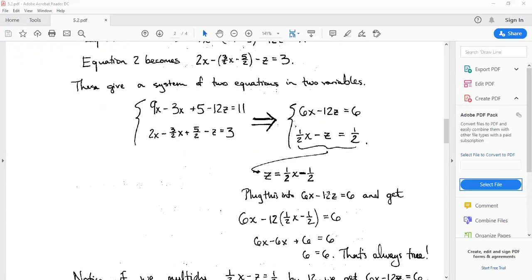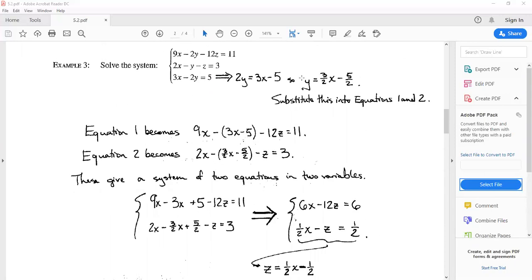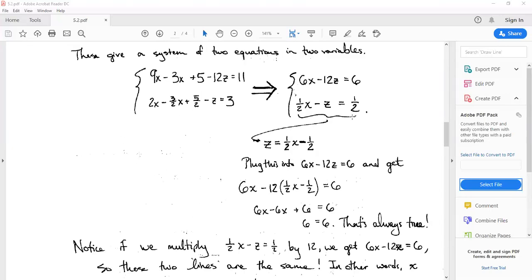So we have here that we must have that z is 1/2 x minus 1/2. And we also have that y is equal to 3/2 x minus 5/2. But we have not been able to produce any restrictions on what x has to be. And in fact, x is free to be anything that we want it to be.